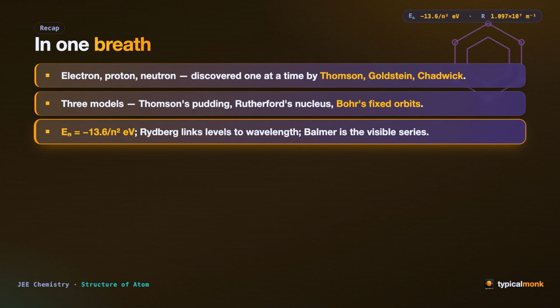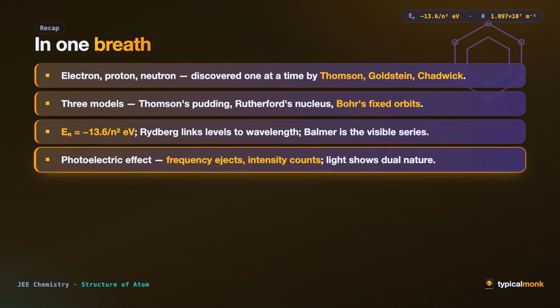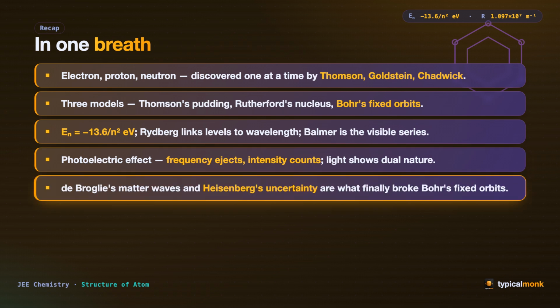The Rydberg formula links those levels to wavelength, and Balmer is the visible series. The photoelectric effect shows that frequency ejects electrons while intensity only counts them, and light carries a dual nature. And de Broglie's matter waves, together with Heisenberg's uncertainty, are exactly what finally broke Bohr's neat fixed orbits.